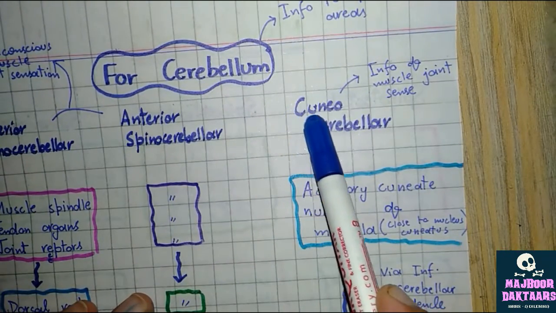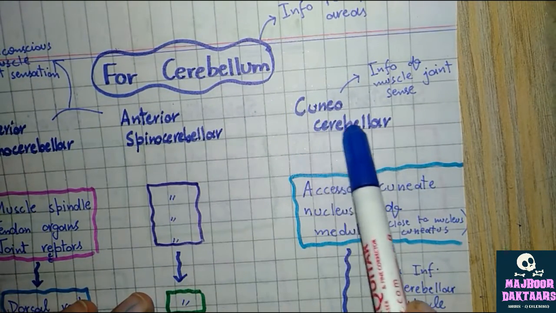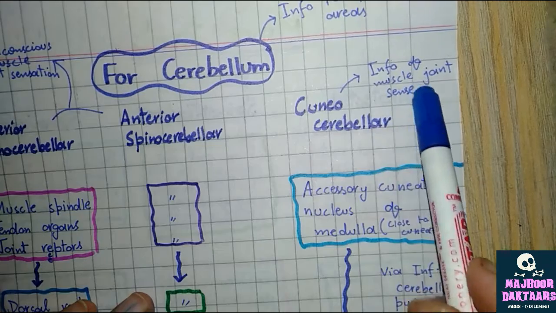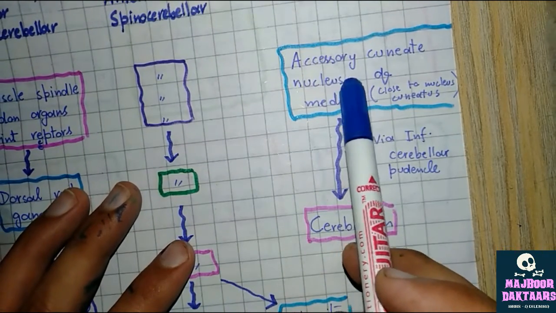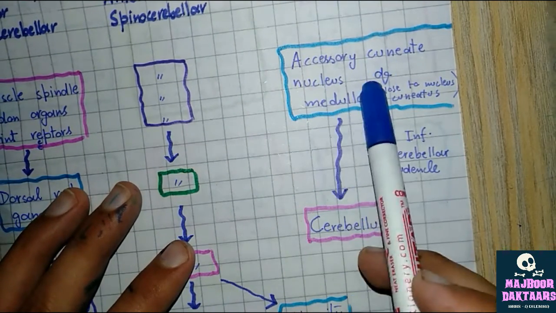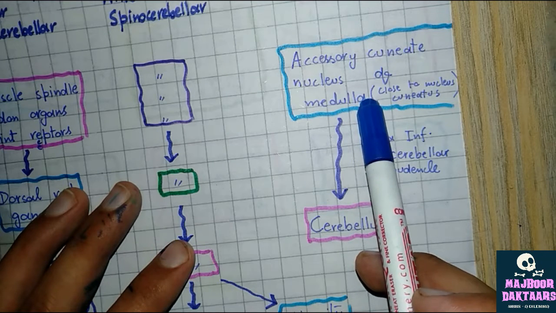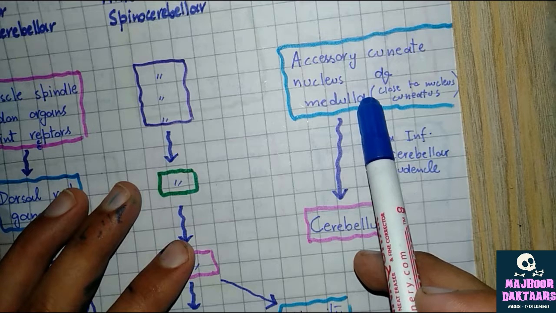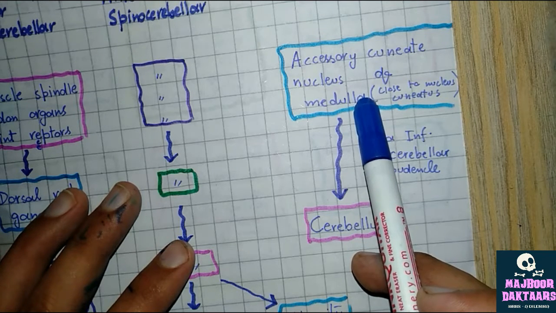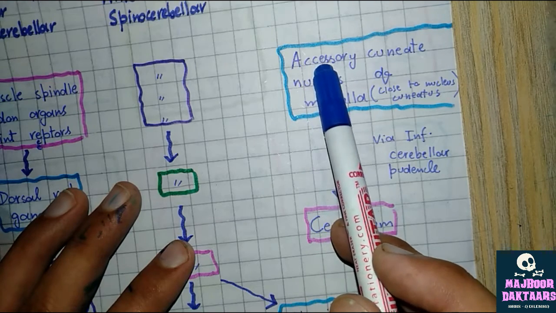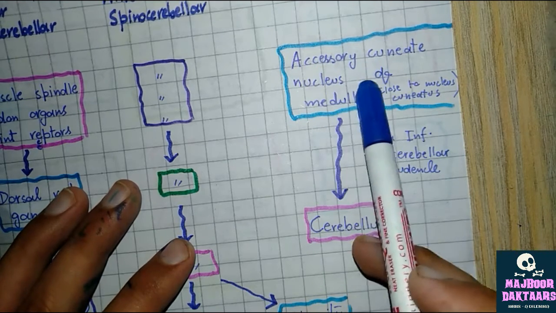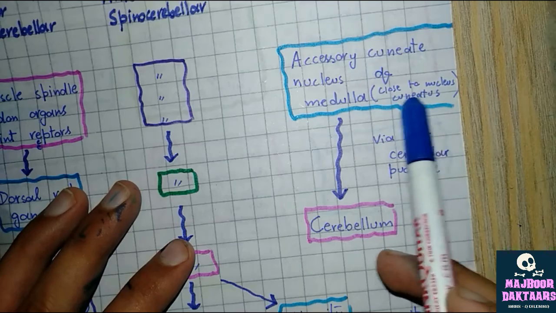While talking about the cuneocerebellar tract, it takes information from muscle and joint sensation. Close to the cuneate nucleus of the medulla, which takes fibers from the fasciculus cuneatus, carrying information from the upper limb, there is an accessory cuneate nucleus of the medulla.